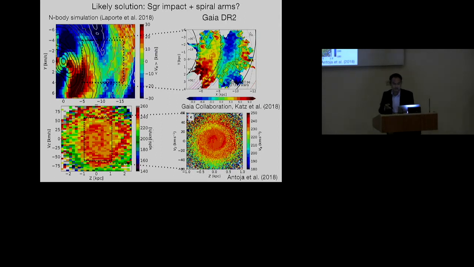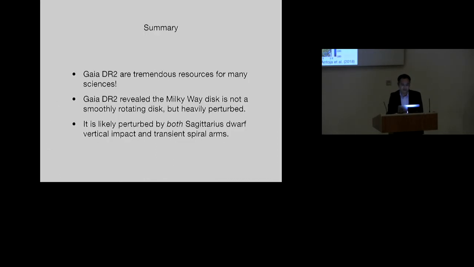So I think the theoretical modeling people still need to work to get really consistent with DR2. But now we can do this kind of high level study and understand how the disk is perturbed and how it is affected by the dwarf galaxies. So I think we are having quite big fun with a more detailed understanding of the kinematical structure of the galactic disk. So thank you very much.